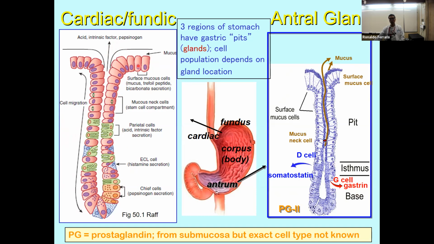Here your surface mucous cells are secreting mucus into the food side. Your ECL cells are secreting histamine into the blood side. Chief cells are secreting enzymes. Where would these be secreted? You don't want pepsin going to the blood side, because then it will eat away your stomach. So chief cells secrete their products into the food side.